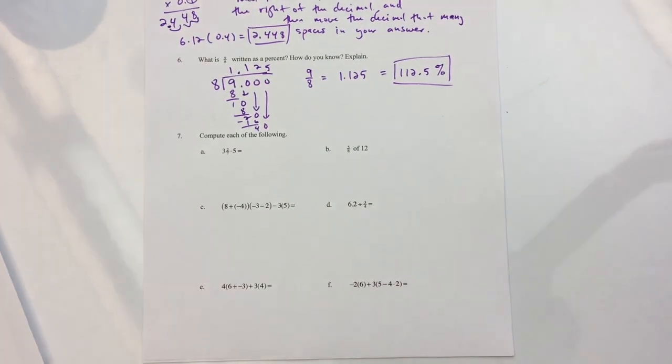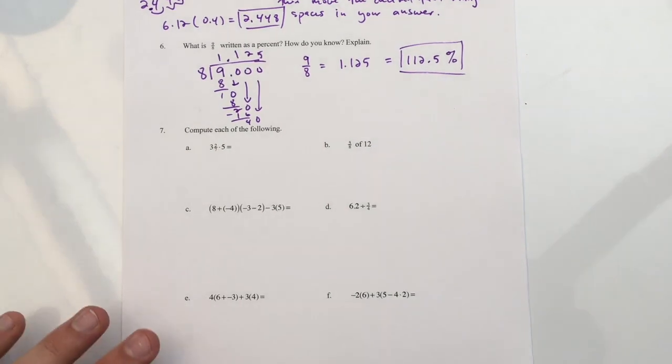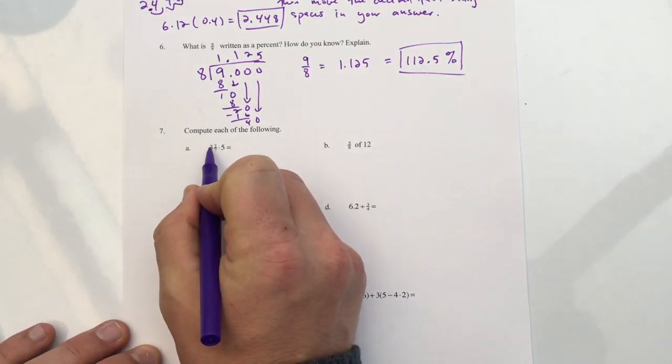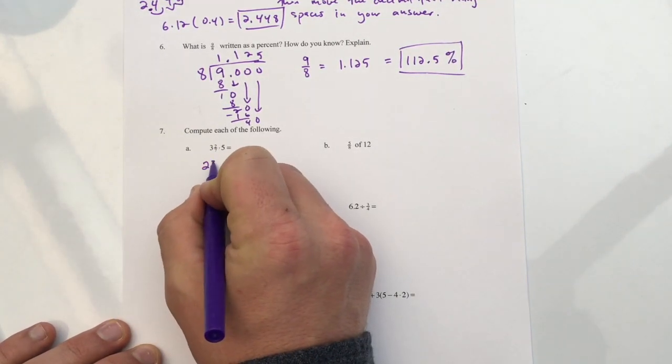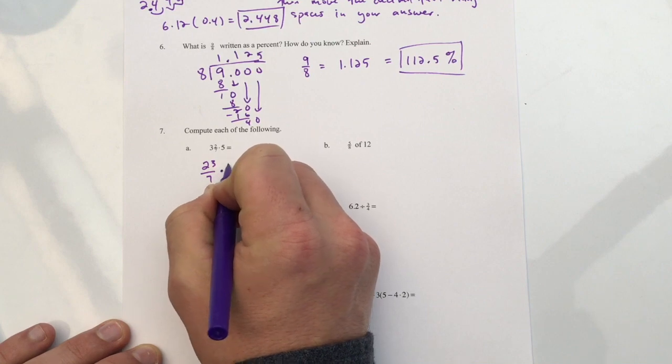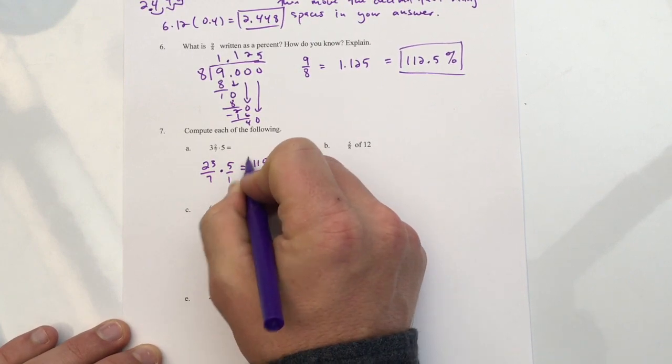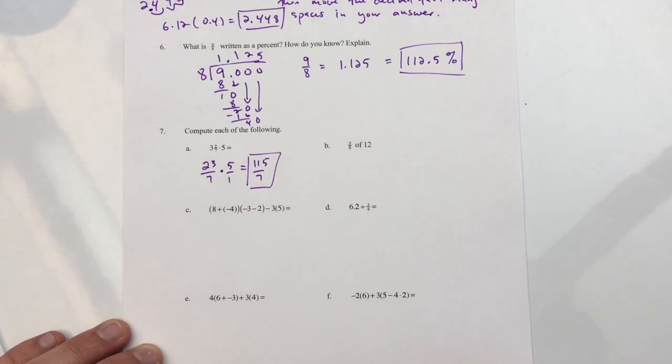Number 7, compute each of the following. A, 3 and 2/7 times 5. Well, the first thing I'm going to do with the mixed number is convert it to an improper fraction. 7 times 3 is 21, plus 2 is 23/7 times 5/1. This is 115/7. I'm just going to leave it right there.